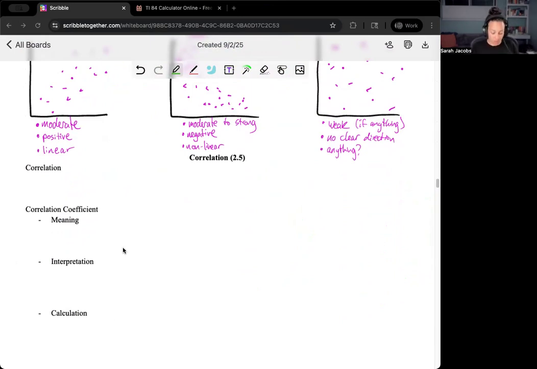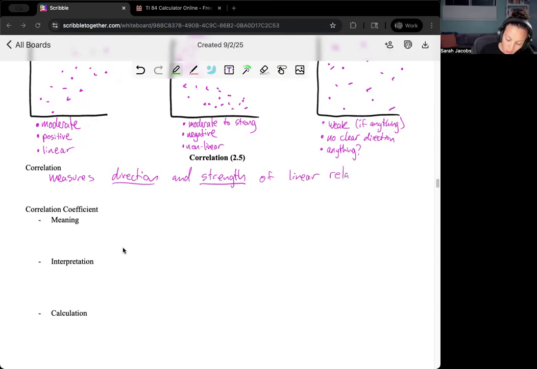So correlation. Correlation measures the direction and strength of linear relationships.